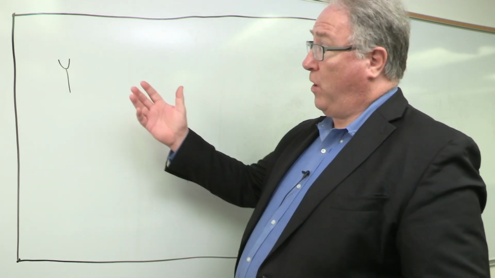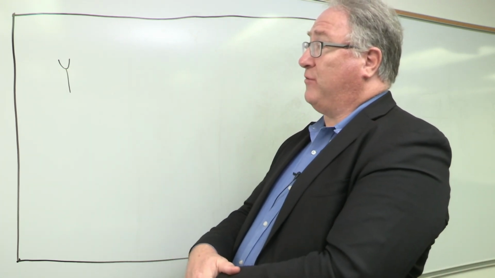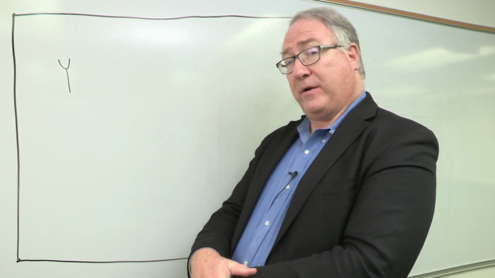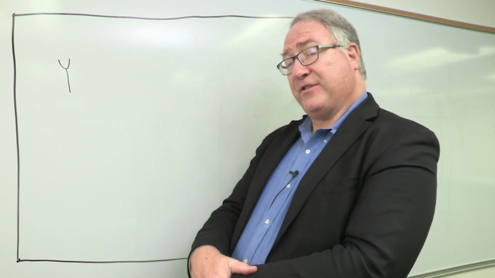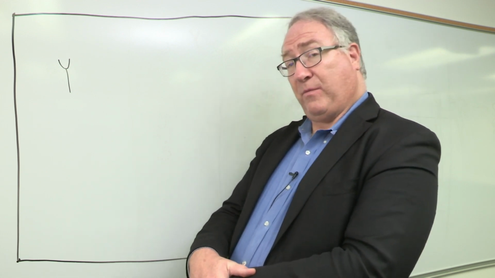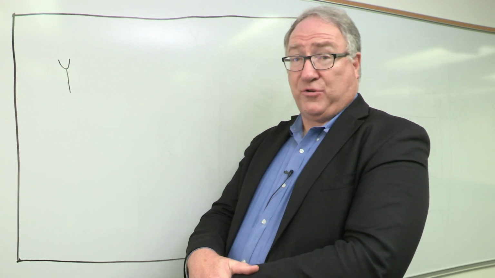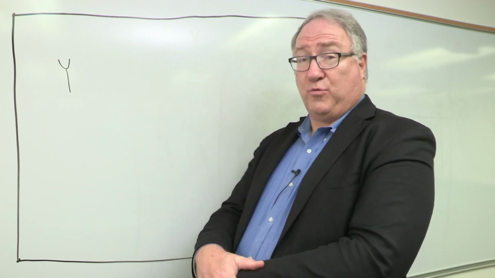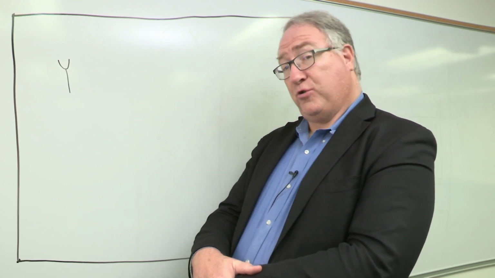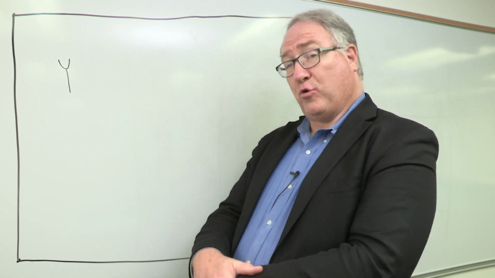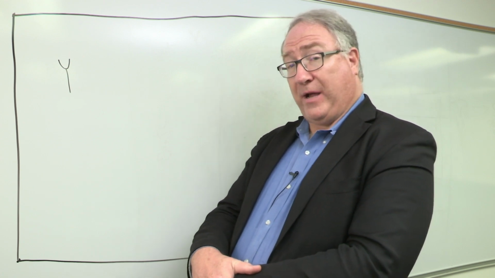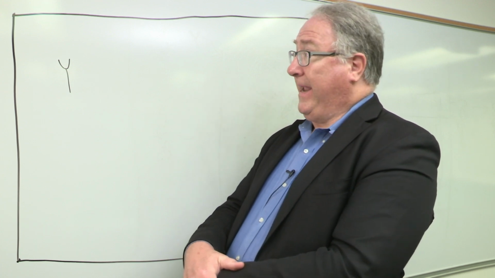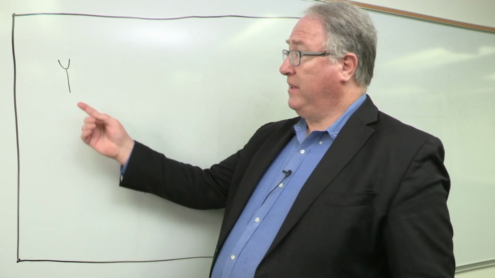Now, when it's just the y, that is referring to the actual observed value on the outcome variable measure. So that's the value that you get when you give that measure to someone and they fill the measure out, and then you as the researcher later score it. That's the actual observed value that a person got on the outcome variable measure. So when you're referring to the observed value, it's just y.